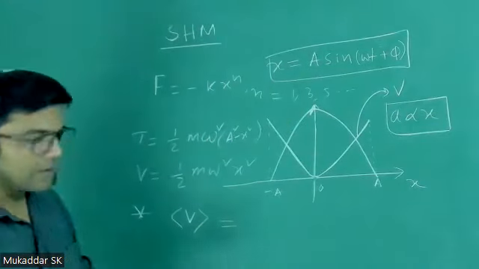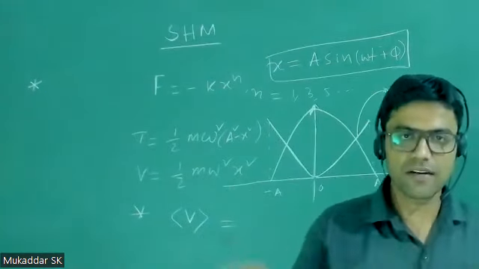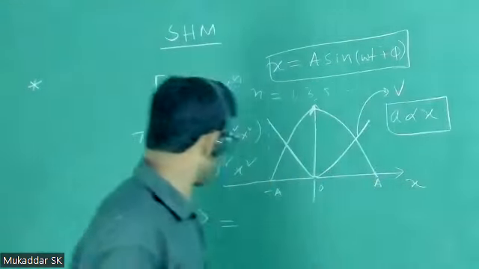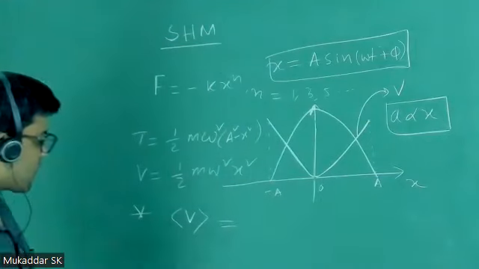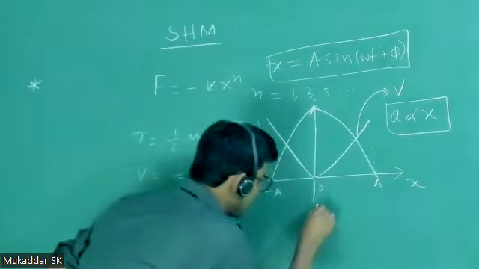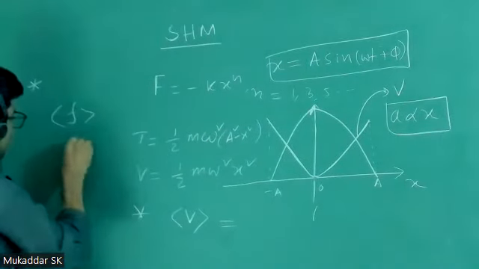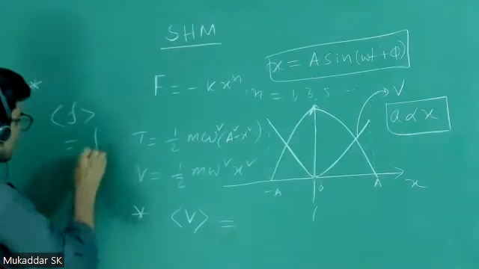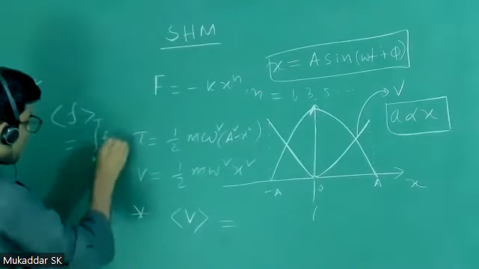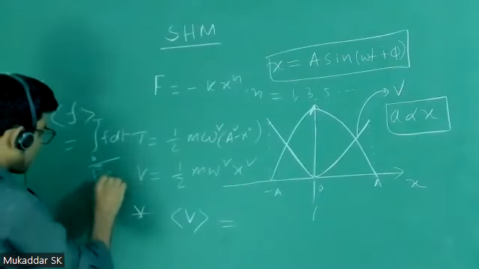Now, if I calculate the time average of potential energy for one complete cycle, how will you calculate it? कोई फंक्शन है, इसका टाइम एवरेज कैसे निकालते हैं? Integration 0 to T of the function into dt, divided by integration of 0 to T dt.